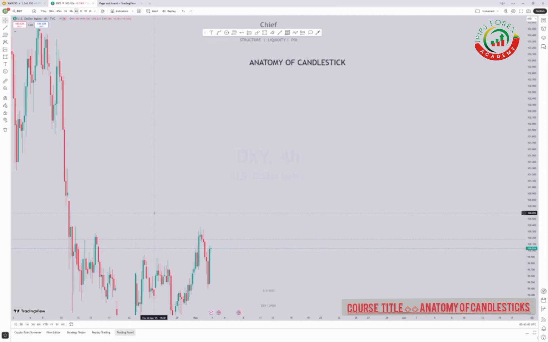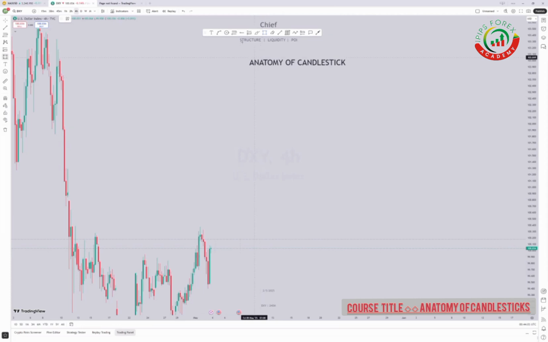We have two types of candlesticks basically, except you've edited your TradingView. Whenever you open your TradingView at first instance, you see a green candle and a red candle. What do they mean?